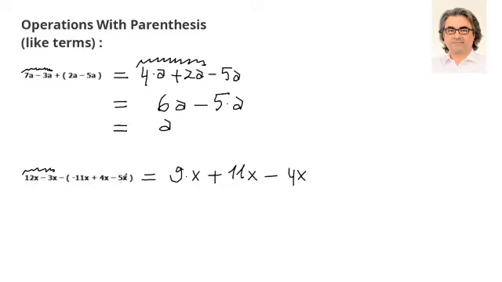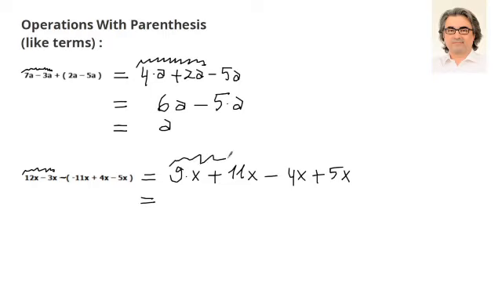And after that, in the parenthesis, I have minus 5 times x. After removing the parenthesis, if I have the minus sign in front of the parenthesis, the sign of minus 5x changes to plus. So I remove the parenthesis, obeying the rule.